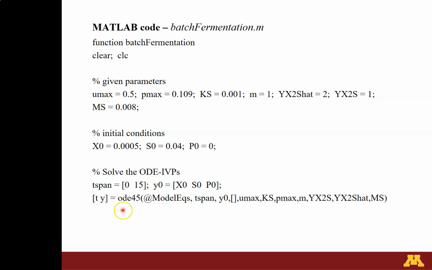And then you call ODE45 to calculate, right? You specify the time span from 0 to 15. And these are the initial concentrations at time 0. These are all the parameters in the models.